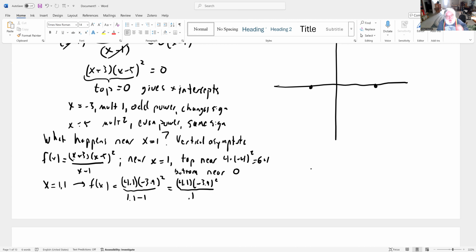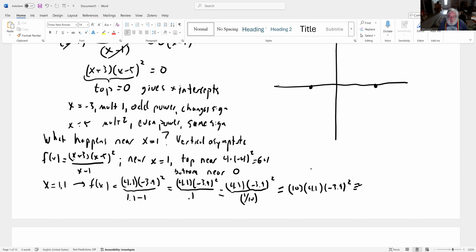And so when we subtract that, we get 0.1. What happens when you divide by 0.1? Well, keep in mind what 0.1 is. 0.1 is 1/10. And when we're dividing by a fraction, you multiply by the reciprocal. So this becomes 10 times 4.1 times minus 3.9 squared.